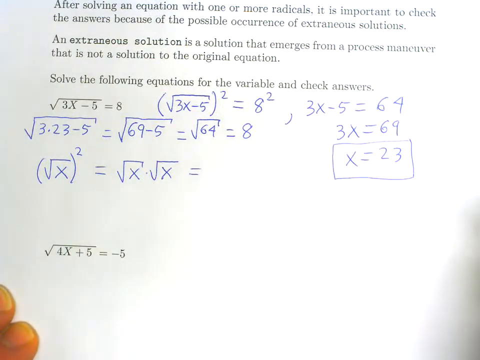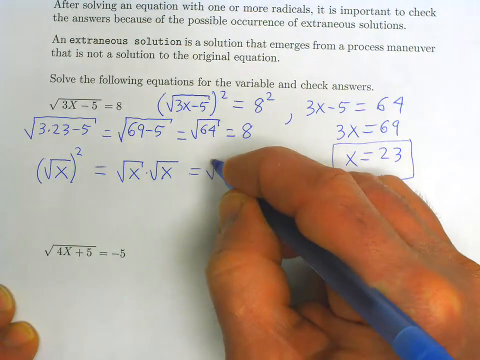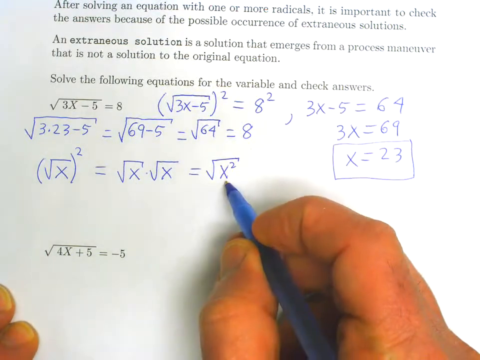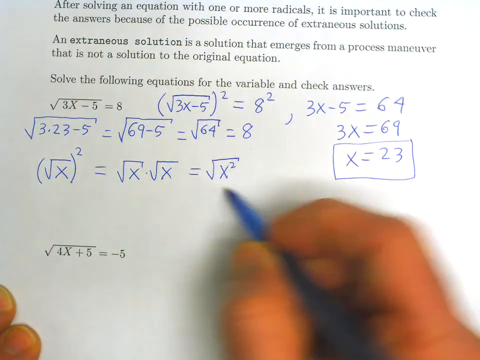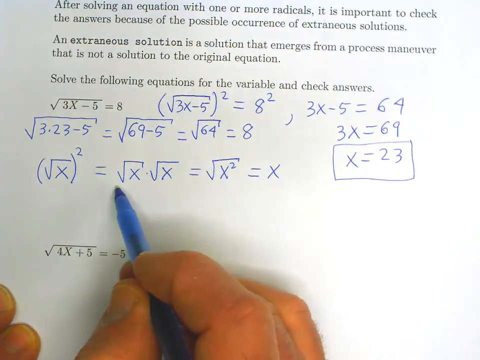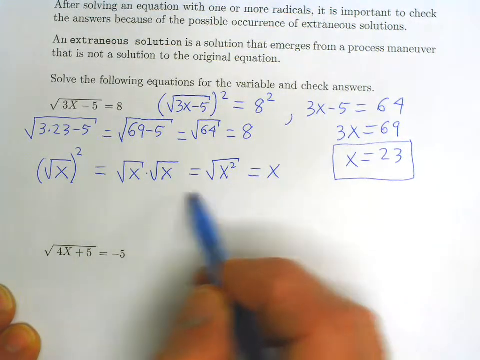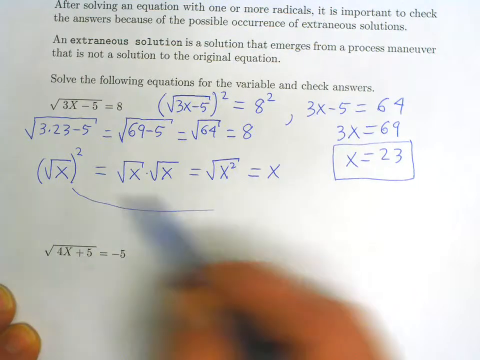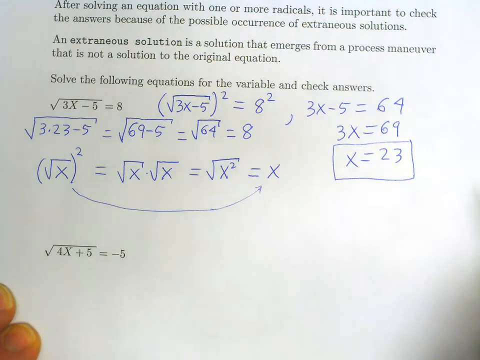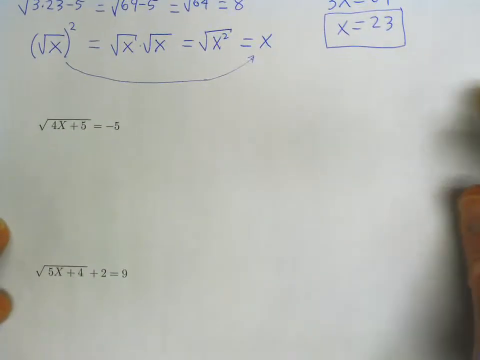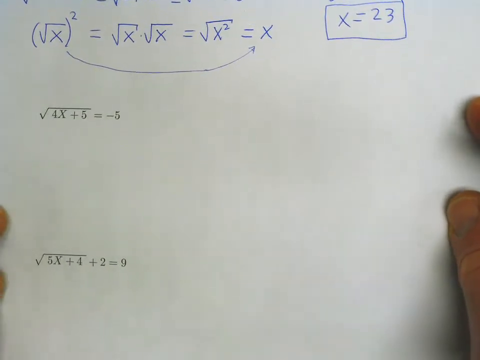And the square root of x times the square root of x is the square root of x squared, because x times x is x squared, and the square root of x squared is x. But we don't need to put all of those intermediate steps. We can just go from this first term and simplify it to x.